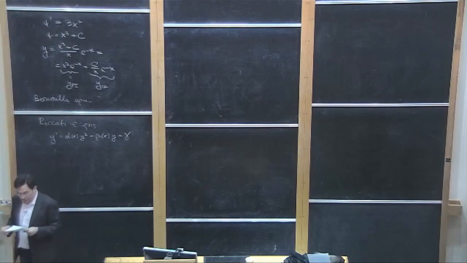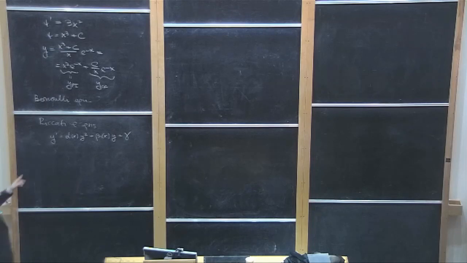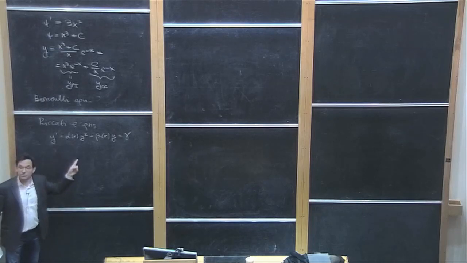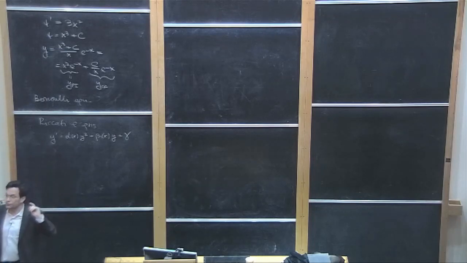However, these equations, if you can stare at it and guess one particular solution of this equation, then you look for a general solution in the form of that solution plus a function to be found, and then that becomes a Bernoulli equation, which you can then reduce to a linear equation.